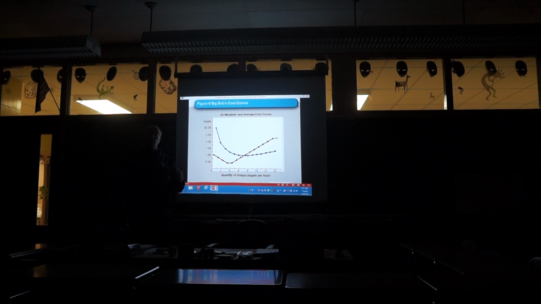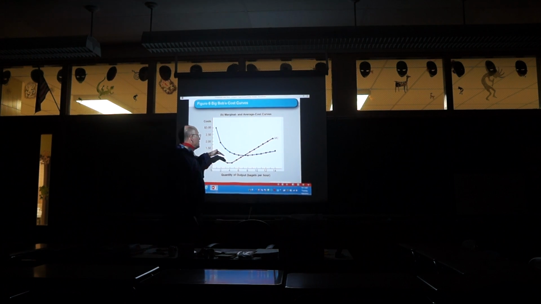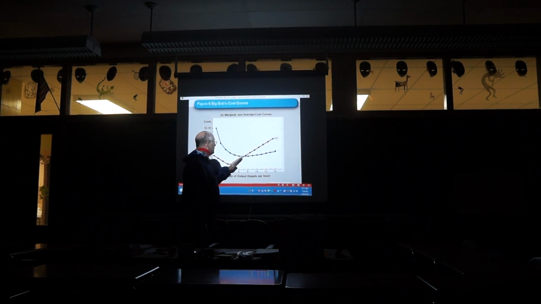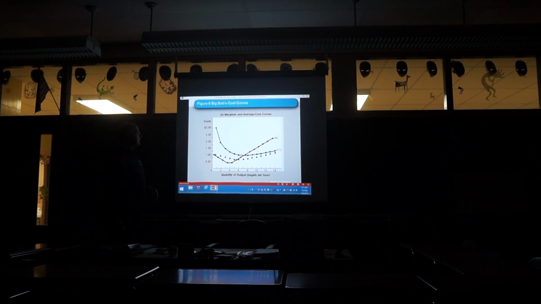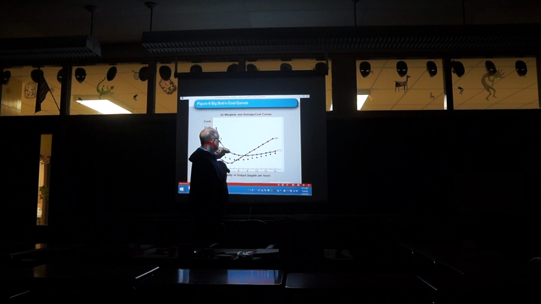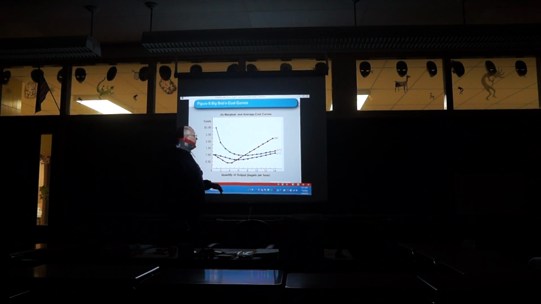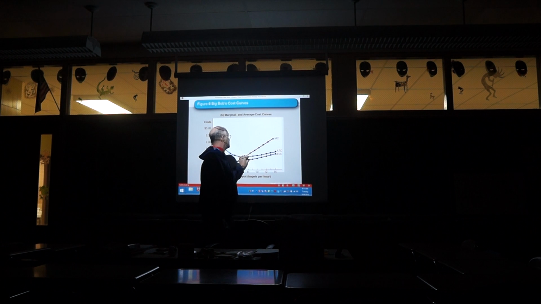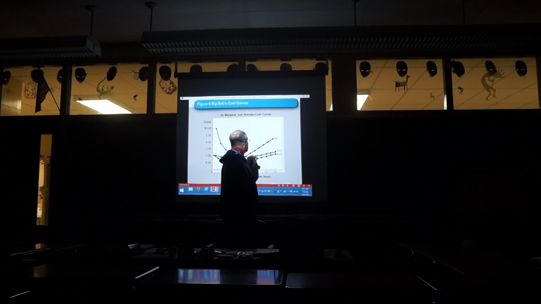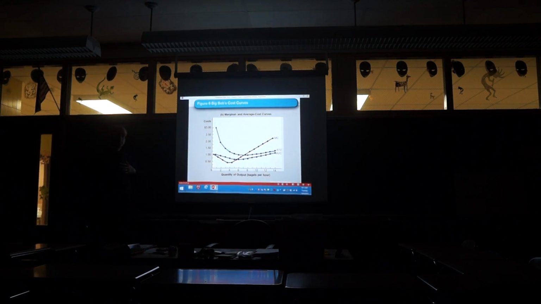But then, because of the law of diminishing marginal returns, workers become less productive, and marginal cost starts sloping up. You then have your average total cost line and your average variable cost. The space between the average total cost and the average variable cost is average fixed cost. Notice that as average fixed cost gets less and less as you add units, these curves get closer and closer.